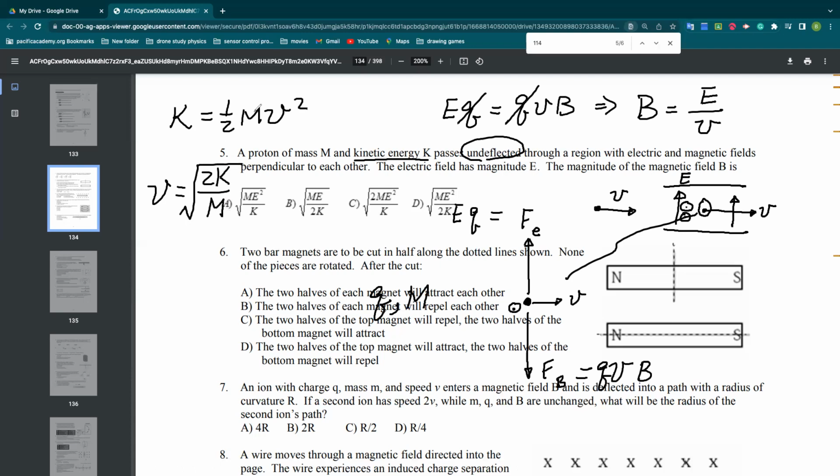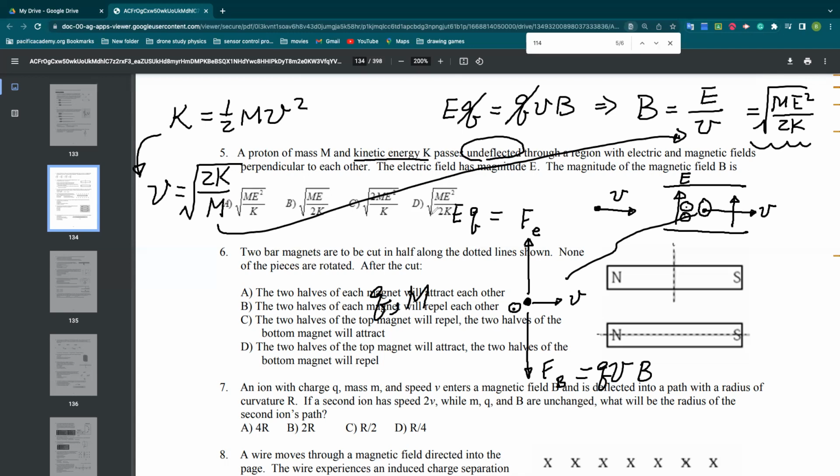Once we have that, we're going to put this v back in there. So the m goes to the top, and E going inside becomes E squared, and then this one here will be 2K. So that's the answer.